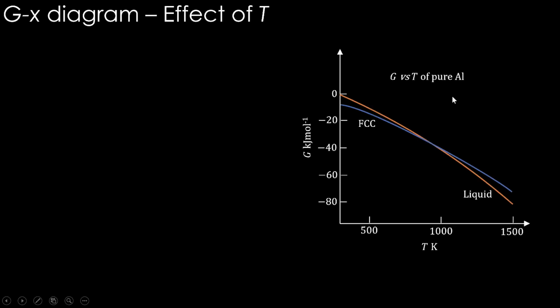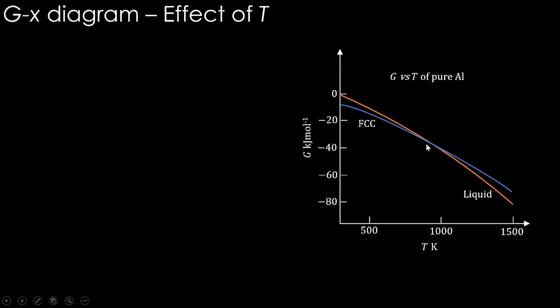This is a curve we have seen for pure aluminum, a single phase, single element, where Gibbs energy for two different phases, liquid and solid, were plotted against temperature. Both the Gibbs energies of solid and liquid decrease with an increase in temperature, but the liquid phase values decrease faster compared to solid.